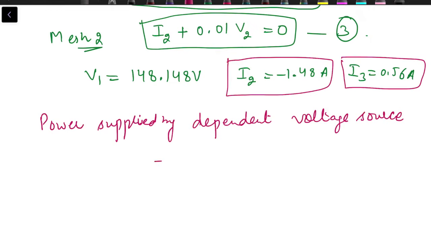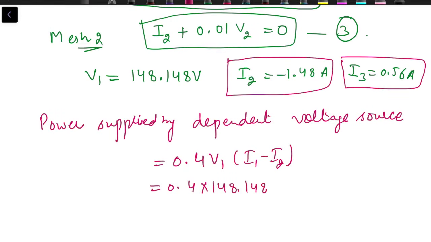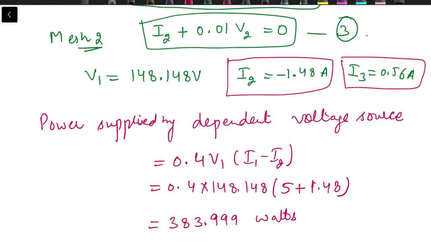So it will be equal to 0.4 V1 into I1 minus I2. 0.4 into 148.148 into 5 plus 1.48, which will give answer as 383.999 watt. This is the power supplied by the dependent voltage source.